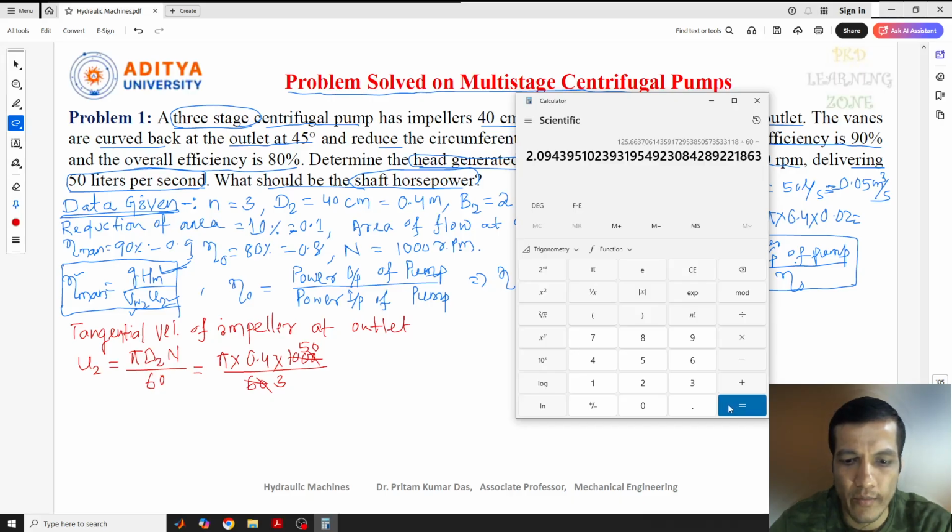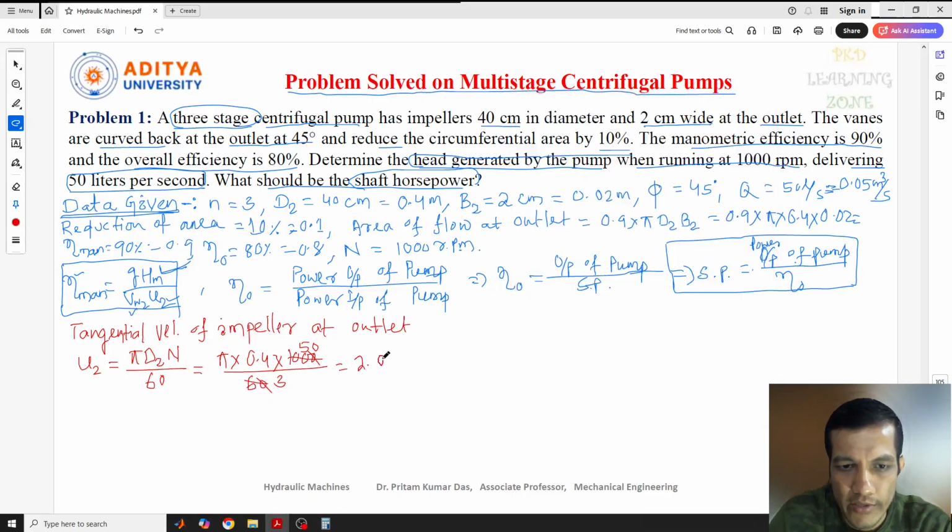It came near about 2.094. Let me write here 2.094, that much meter per second. Pi d2 n, everything is correct.